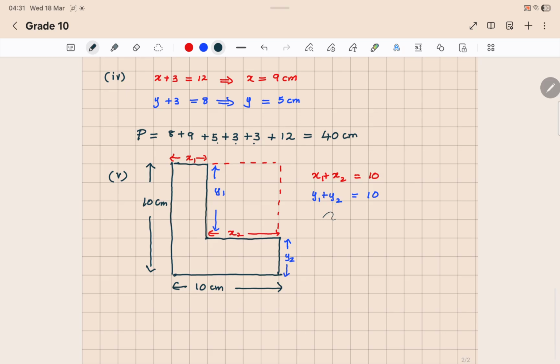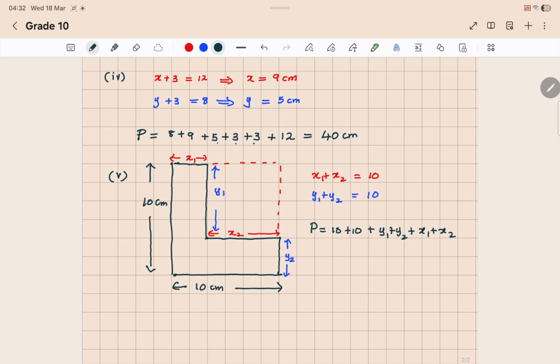So then we actually don't need the individual values of x1, x2 or y1, y2. We just need to know x1 plus x2 and y1 plus y2. Then we can find the perimeter. So the perimeter is 10 plus 10 plus y1 plus y2 plus x1 plus x2.